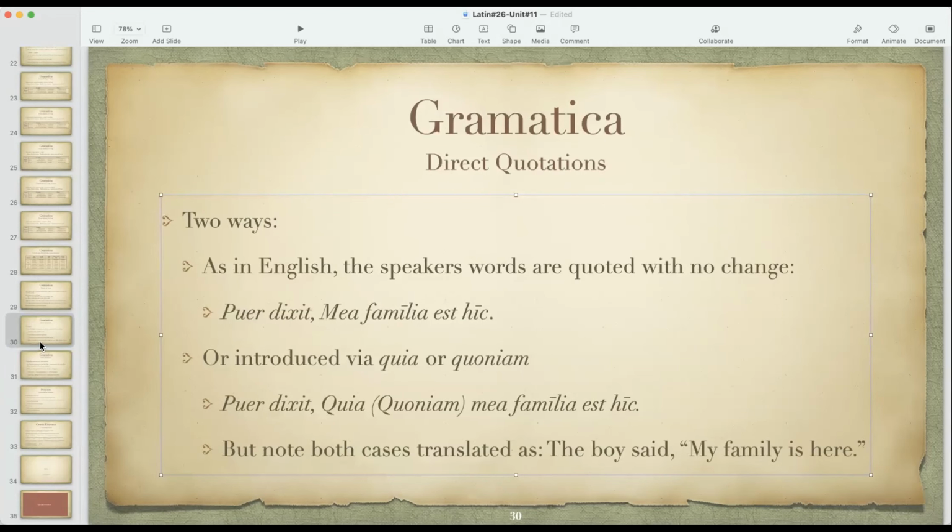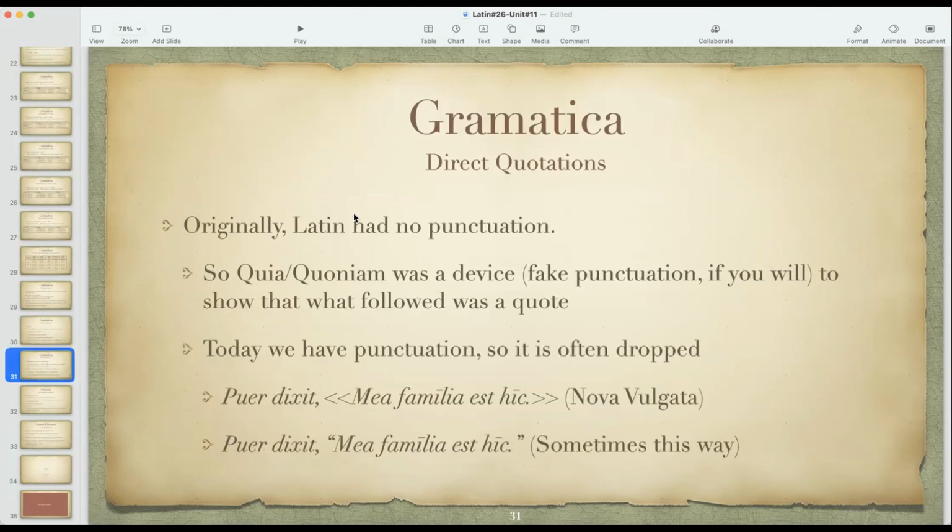Yes. Now, let me go to the next reason. Part of the reason for this is Latin had no punctuation originally. If you go to some of the very old monuments in Rome or Italy with Latin inscriptions, they often don't even have spaces between the words. The more common ones will put dots to separate them out. So lack of punctuation can be a problem, especially in English.